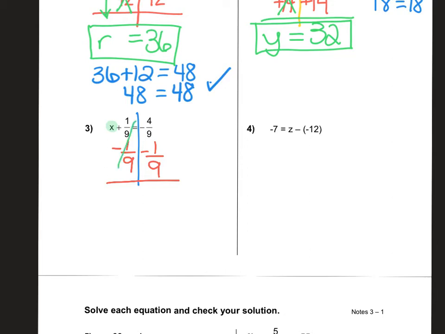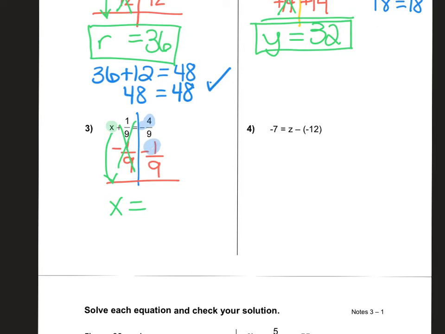So once again, if you want to see that the positive 1/9 minus 1/9 cancels out, we bring down our x. Now we have to be careful. This is a negative in front of the 4/9. So that is negative 4/9 minus 1/9. If you go back to subtracting fractions, you remember that the denominators remain the same and you subtract the numerators.